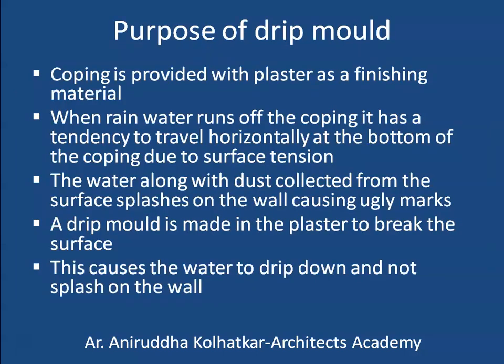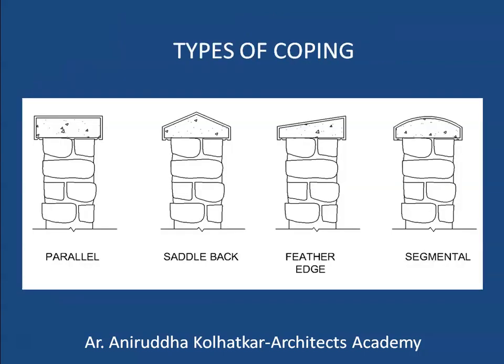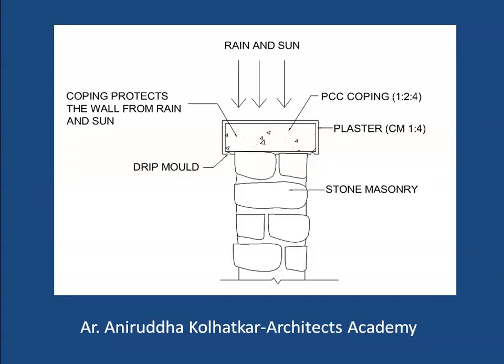Now we had already seen that there is a drip mold which is provided at the bottom surface of the plaster in the coping. We'll go back to that sketch and just revise it. As you can see here, we have provided a drip mold here. Now what is the purpose of providing this drip mold? We'll see now.